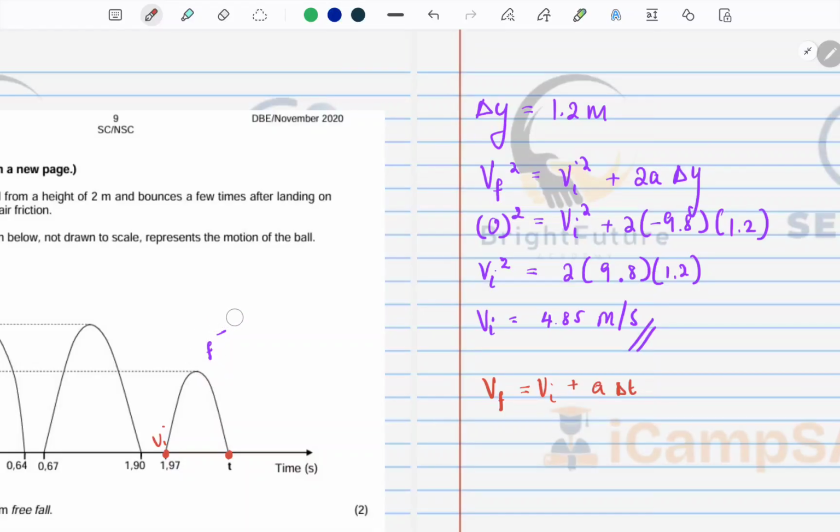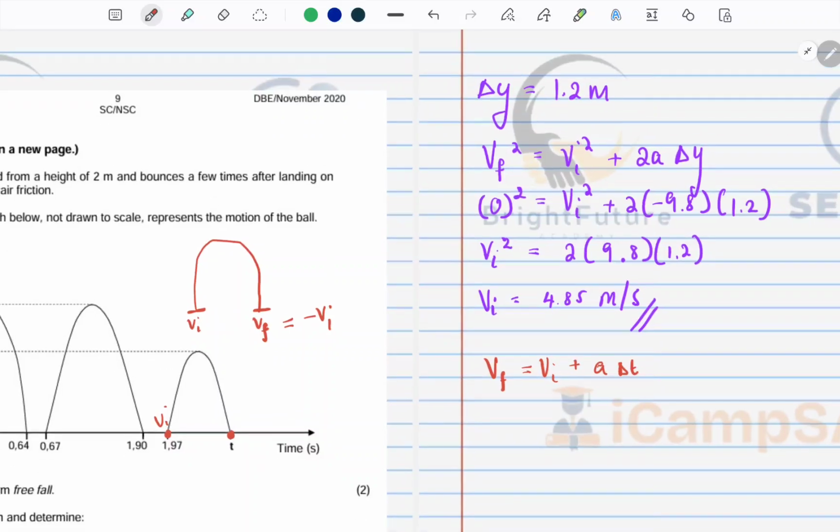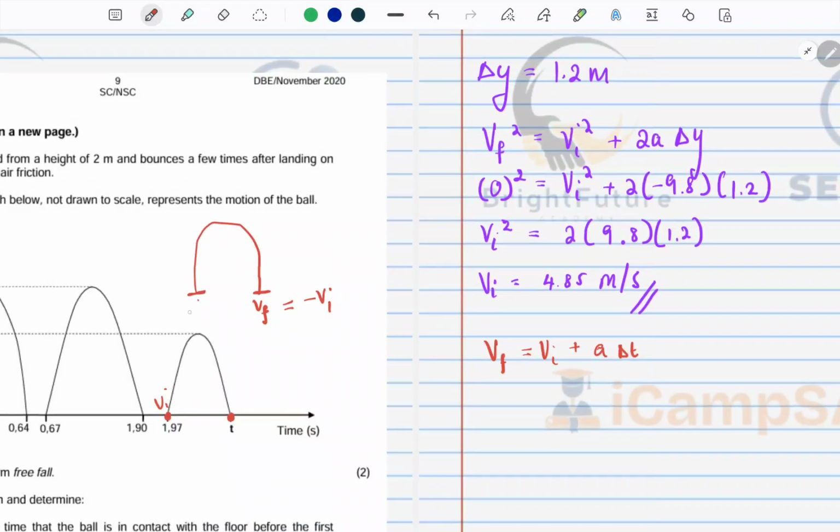And then remember, when we have such a movement, usually we have your VI, then here you're going to have your VF. And we know that your VF here is going to be minus VI. That's what the rules say. So here you're going to have your 4.85, and at this point you're going to have minus 4.85. This is your VF, this is your VI.